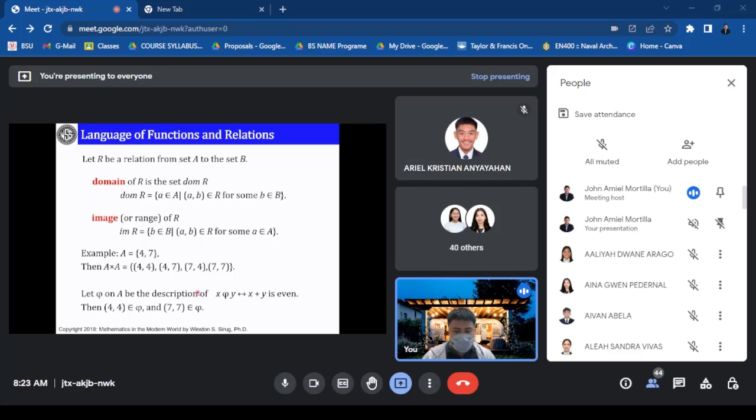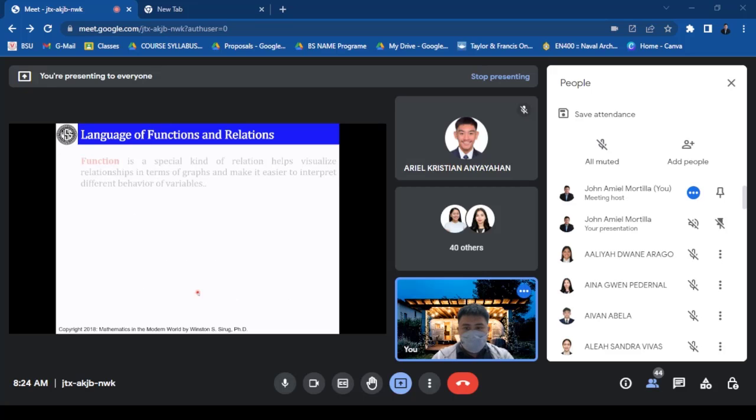Then (4, 4) is an element of the relation, and (7, 7) is an element of the relation.